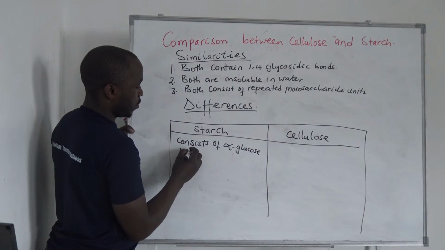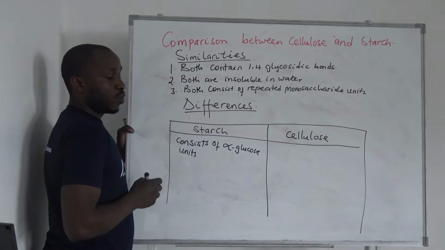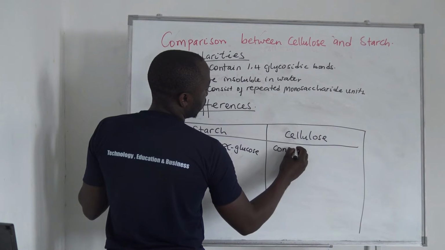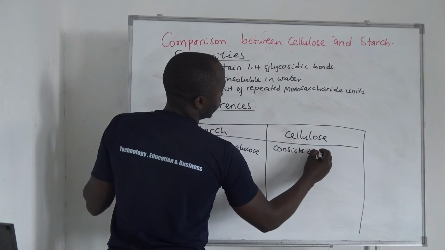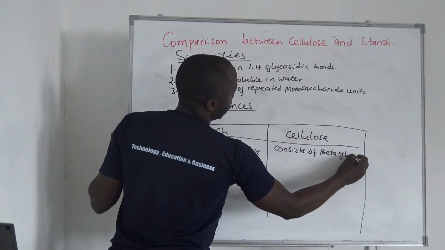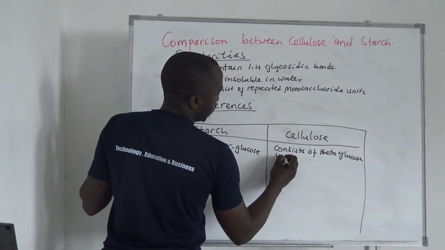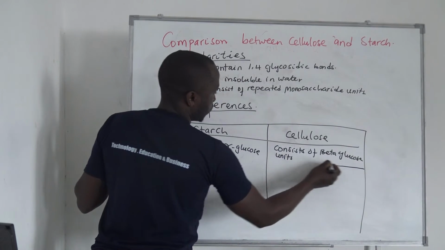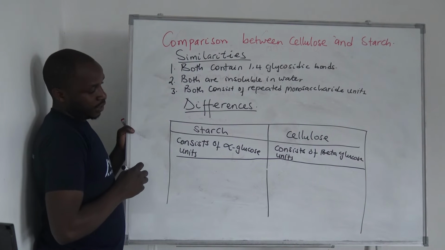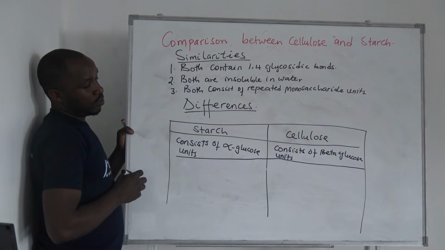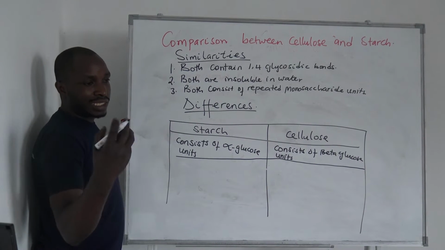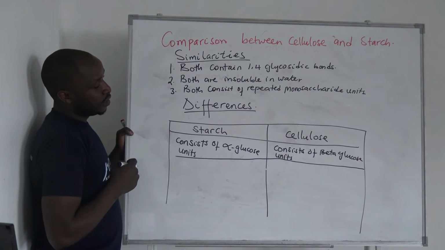If starch consists of alpha glucose units, cellulose consists of beta glucose units. That's one difference. The second difference can arise from the kinds of polysaccharide units within these molecules.